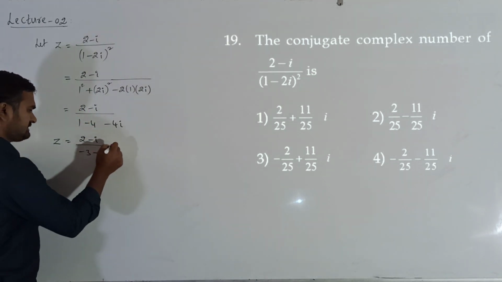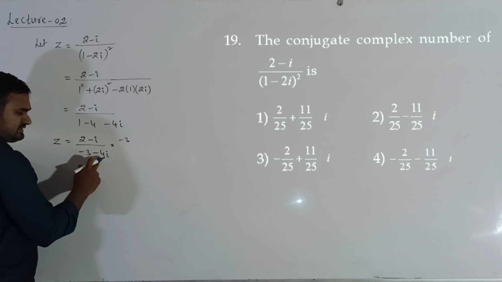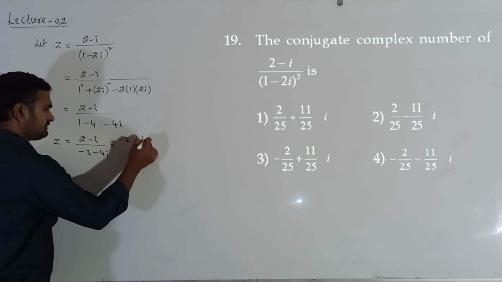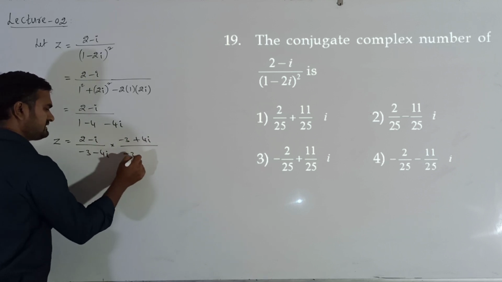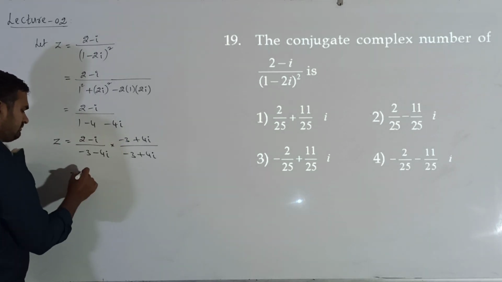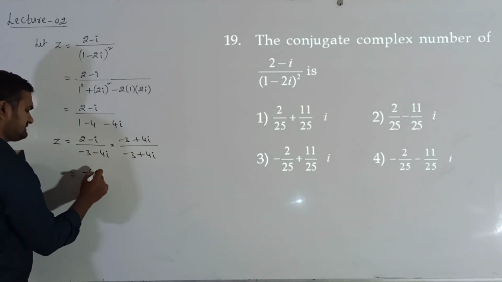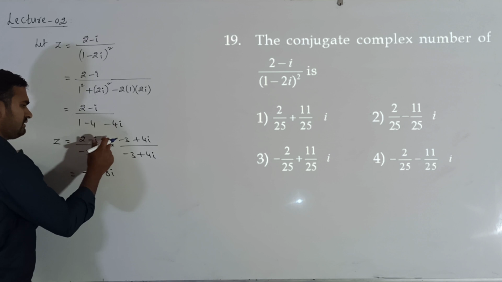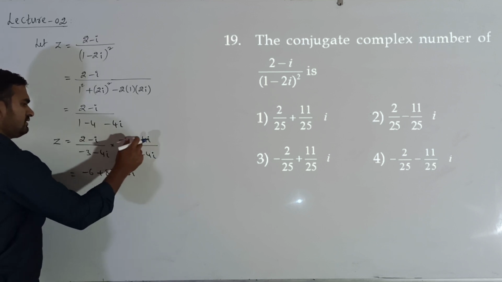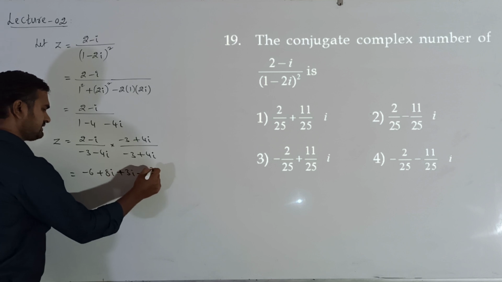So rationalize the denominator. Take the conjugate of the denominator, where we change only the sign of the imaginary part: minus 3 plus 4i. Multiply numerator and denominator by minus 3 plus 4i. The numerator gives minus 6 plus 8i plus 3i minus 4i square.